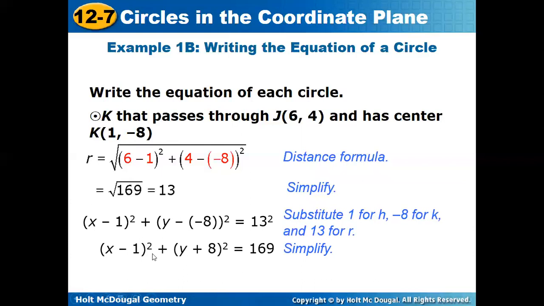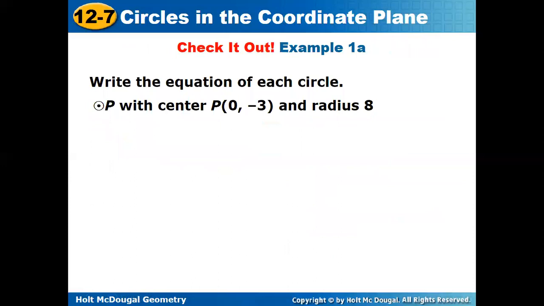So this is the answer. Now, ready to solve? Check it out. Example 1, 1a. Read the question well, and then stop the video, solve alone, then check your answer.